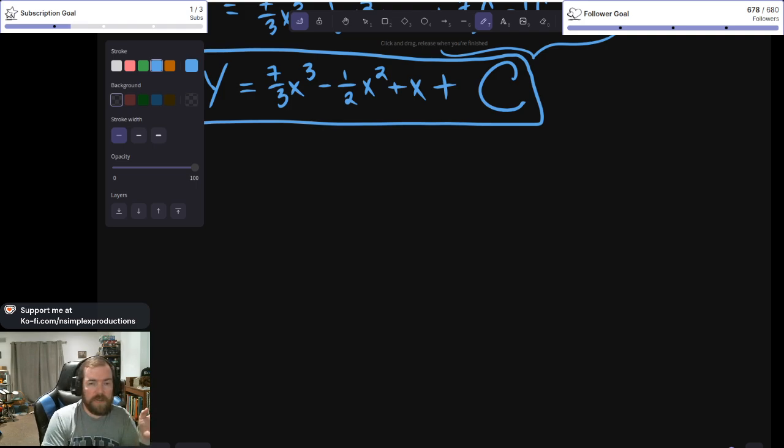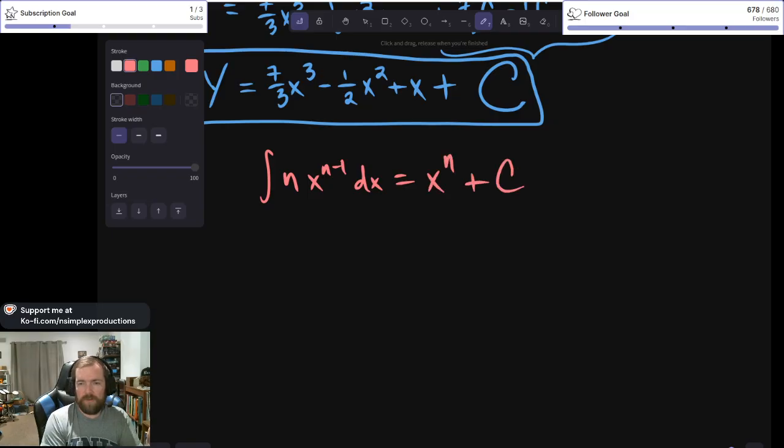Some people might argue that it is a useful thing to say the antiderivative of n x to the n minus 1 dx is going to be equal to x to the n plus c.